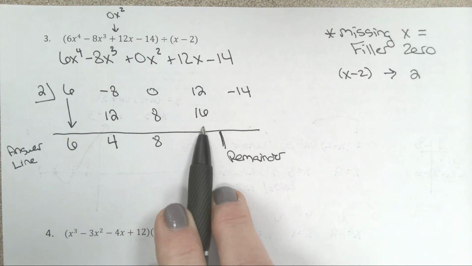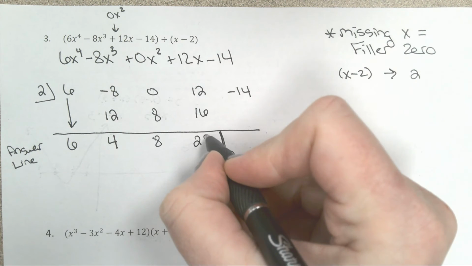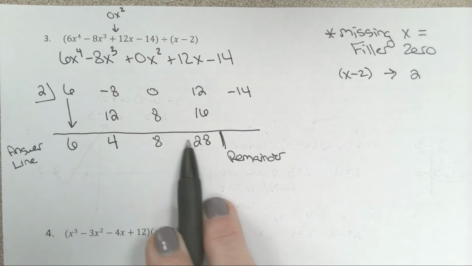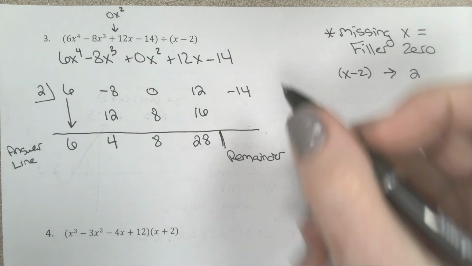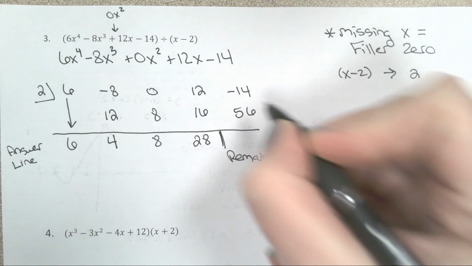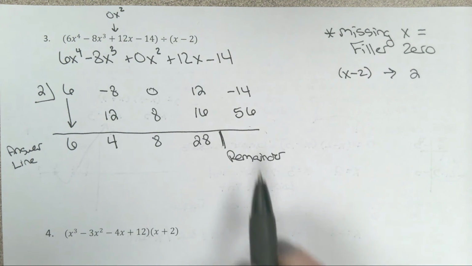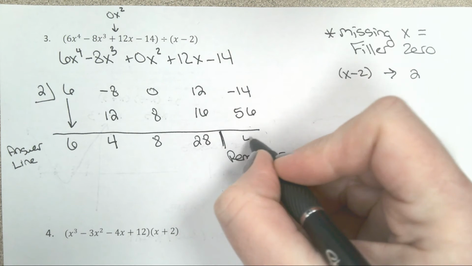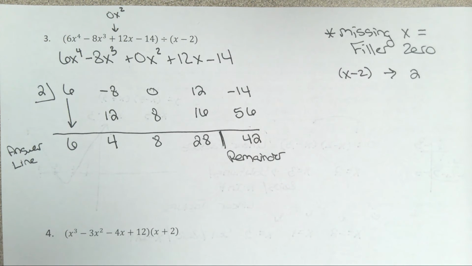Add down. 12 plus 16 is 28. Multiply. 2 times 28 is 56. Add down. Negative 14 plus 56 is 42.